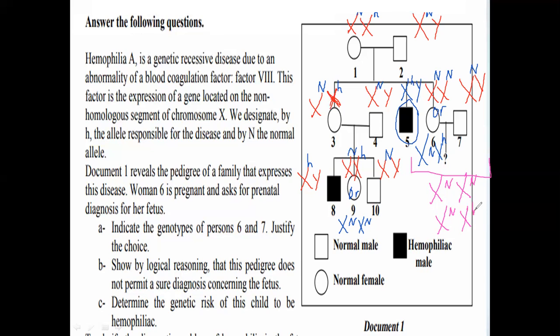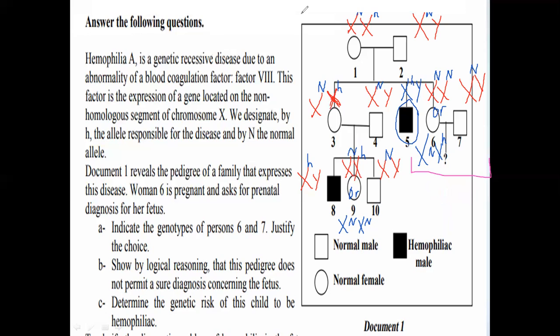So in both possibilities, if it is a female, whether she took XN from her mother and XN from her father, or XH from her mother and XN from the father, both cases will be normal because she has the allele N, which is dominant, from the father. But the problem is if this fetus is a male. This is the big problem here.